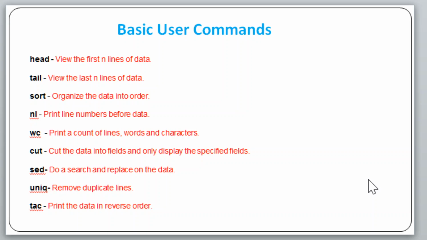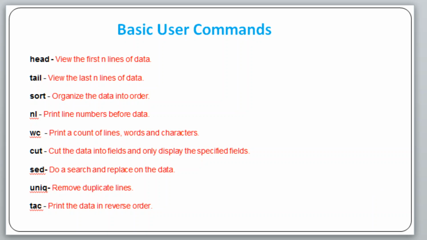Sort, which will organize the data into order. nl, or number lines, which will print line numbers before data. wc, word count, prints a count of lines, words, and characters. cut, which will cut the data into fields and only display the specified fields. sed, which will do a search and replace on data. uniq, which will remove duplicate lines. And tac, which will print the data in reverse order.